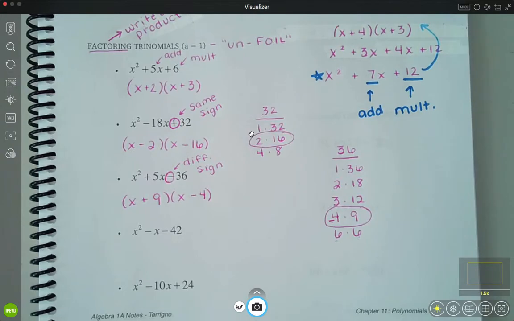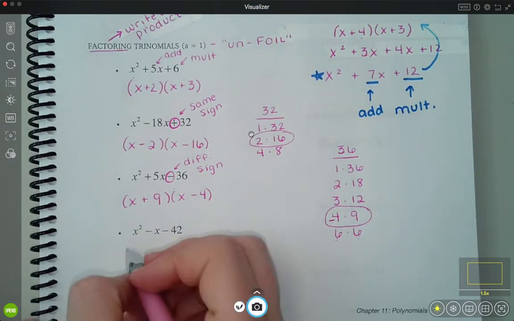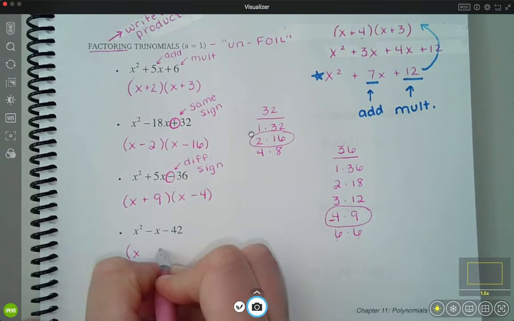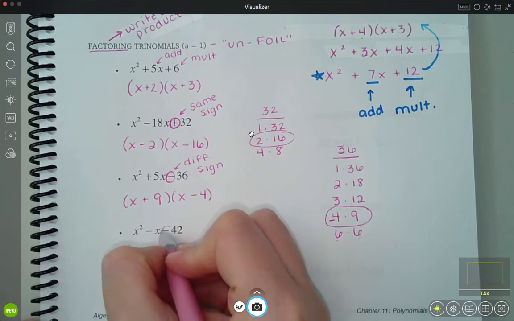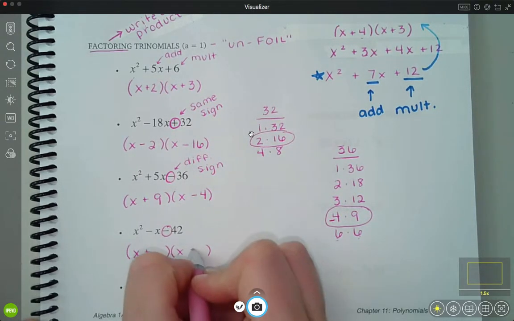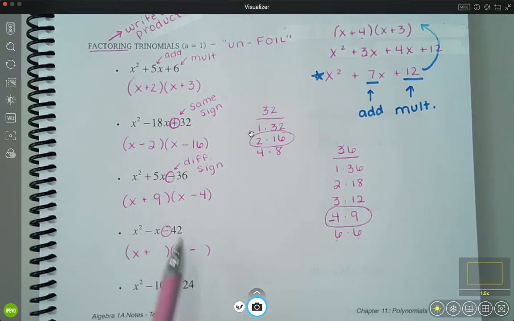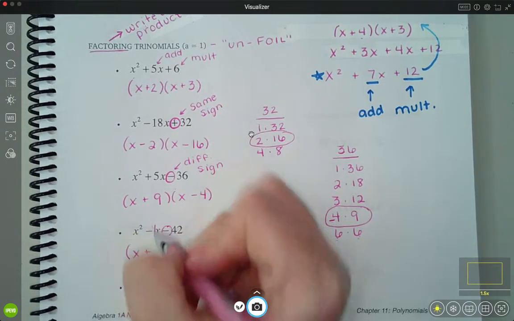Okay, this next one throws people off all the time. So start with x and x. This is negative, so I know I'm going to have one plus and one minus. And then I'm looking for numbers that multiply to 42 but add to make a negative 1.